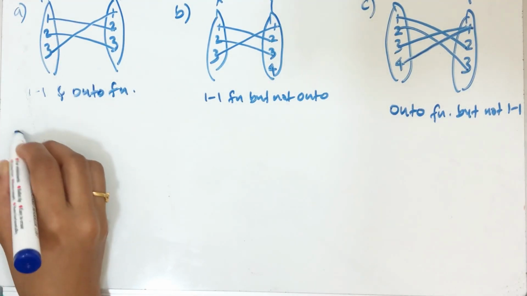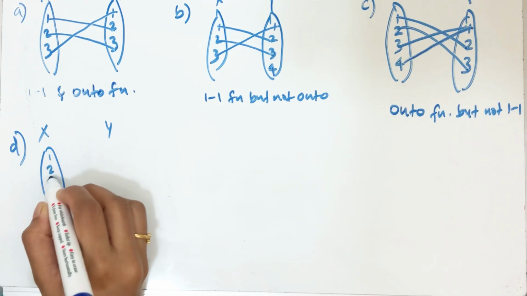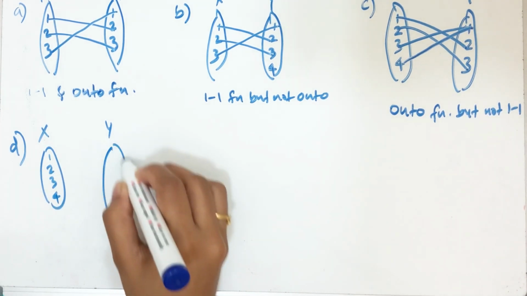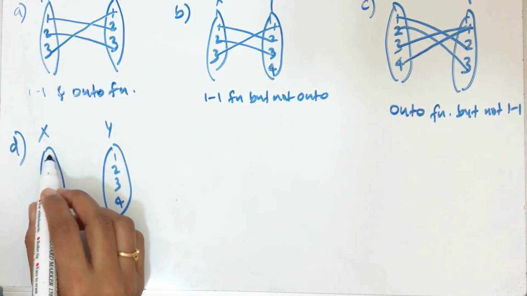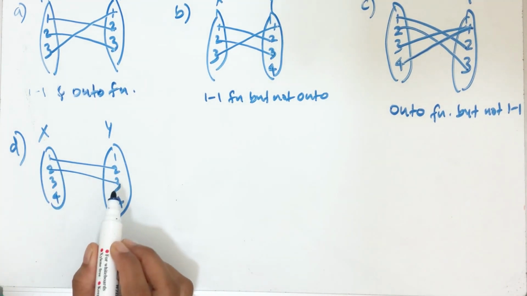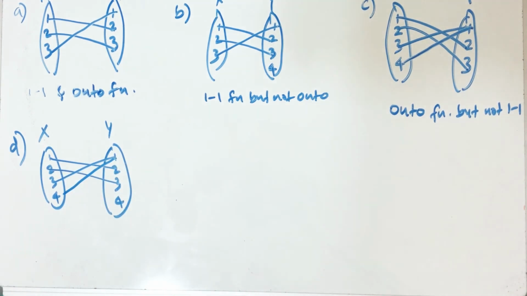Next example. See, X is {1, 2, 3, 4} and Y is {1, 2, 3, 4}. Here 1 maps to 2, 2 maps to 3, 3 maps to 1, and 4 maps to 1.